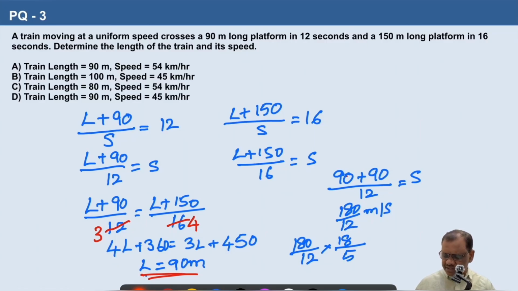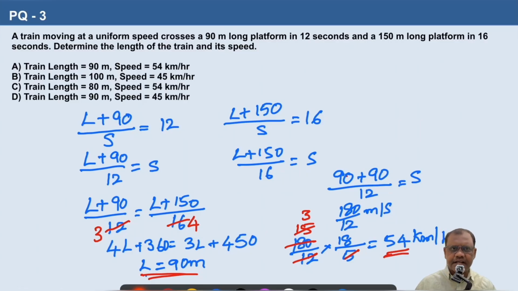So if you simplify this, 12 ones, 12 fives, and 5 threes. So what is remaining? 3 into 18, 54 kilometers per hour. This is the speed of the train.